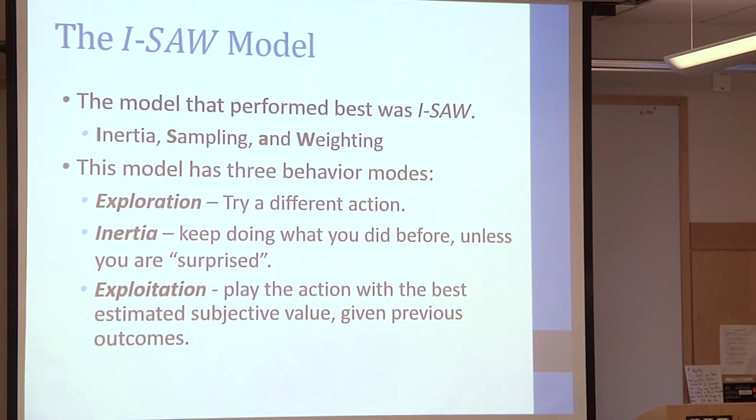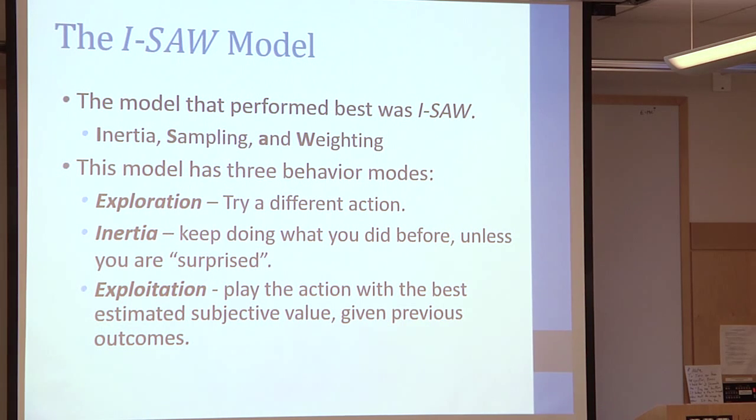The model that won is a slight variation of something they called the I-SAW model, and I-SAW stands for inertia, sampling, and weighting. Basically, this model has three behaviors. First, with some constant small probability, you explore: you do exactly the opposite of what you did last time.